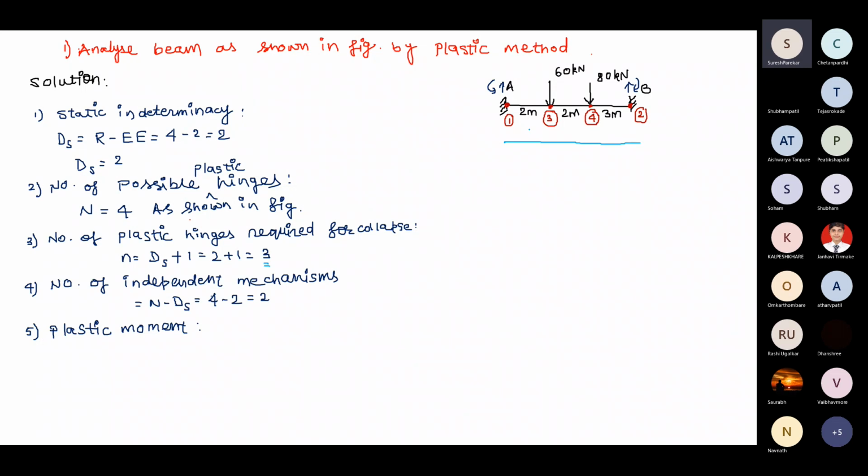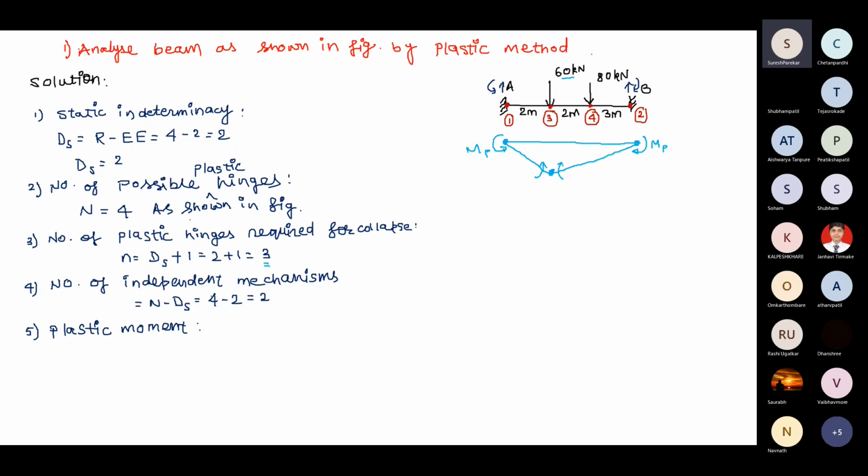First, fixed we have at fixed support. We have choices, first under 60 kilonewton and second under 80 kilonewton. So first we will consider under 60 kilonewton. सिंगल स्पॅन मध्ये एमपी कधी चेंज होणार नाहीये.